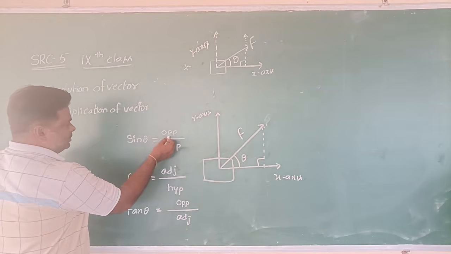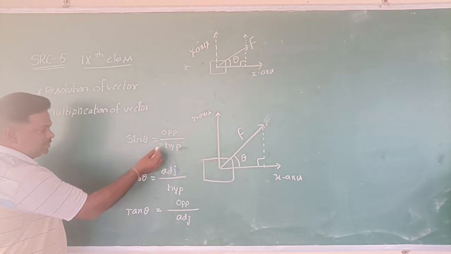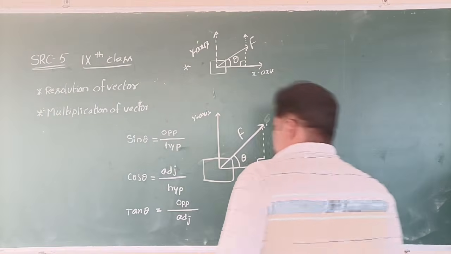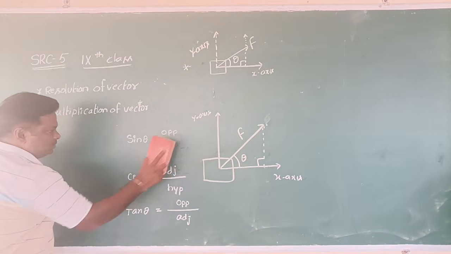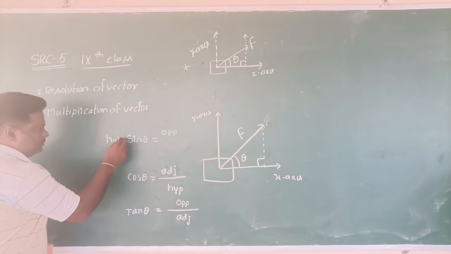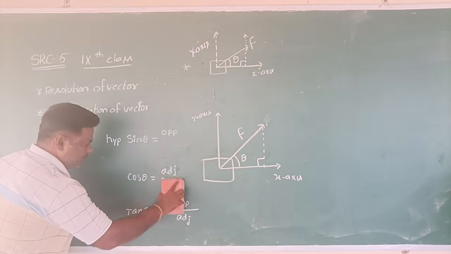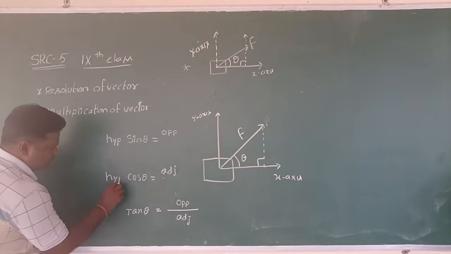So what is the opposite side? Hypotenuse into sine theta. Let me write that. Opposite side is equal to hypotenuse into sine theta. Similarly, adjacent side is equal to hypotenuse into cos theta.